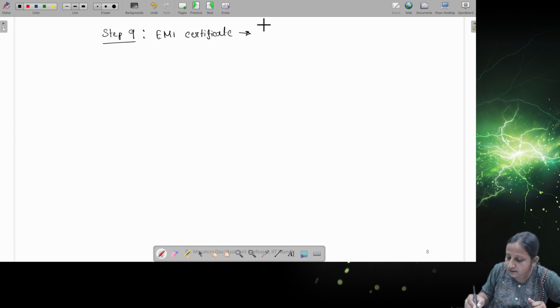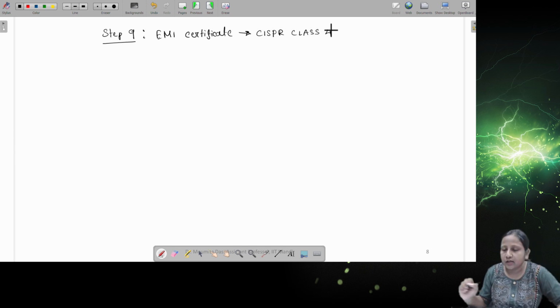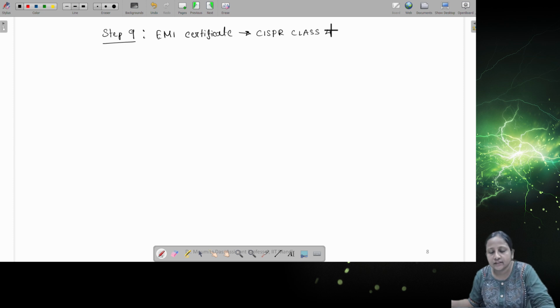The EMI certificate will state what kind of standard is followed for designing the filter. The particular class will be written.